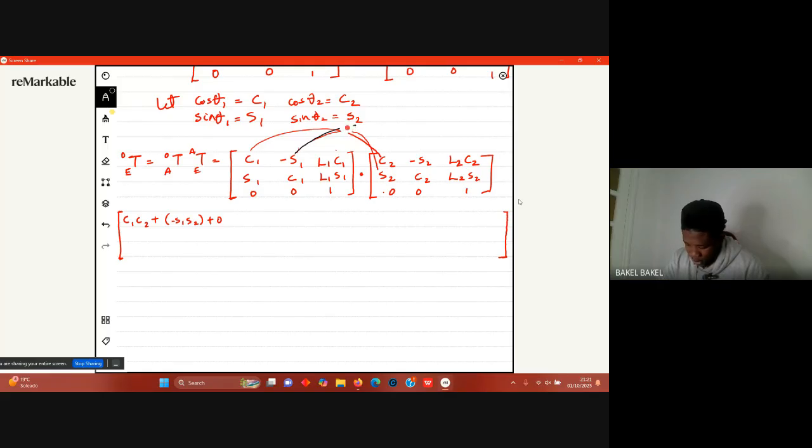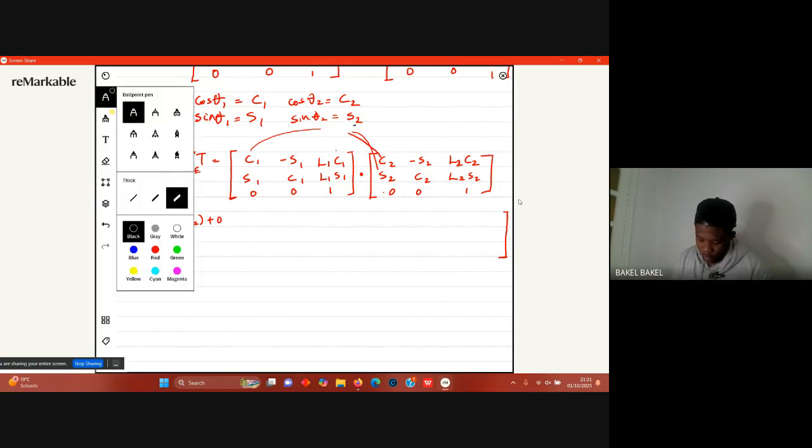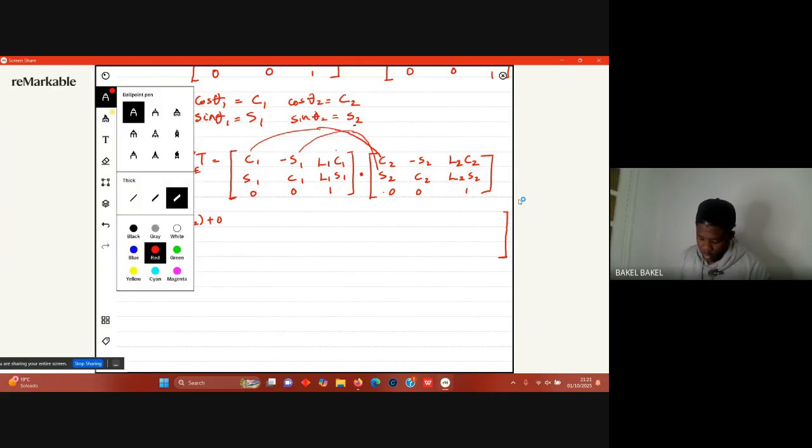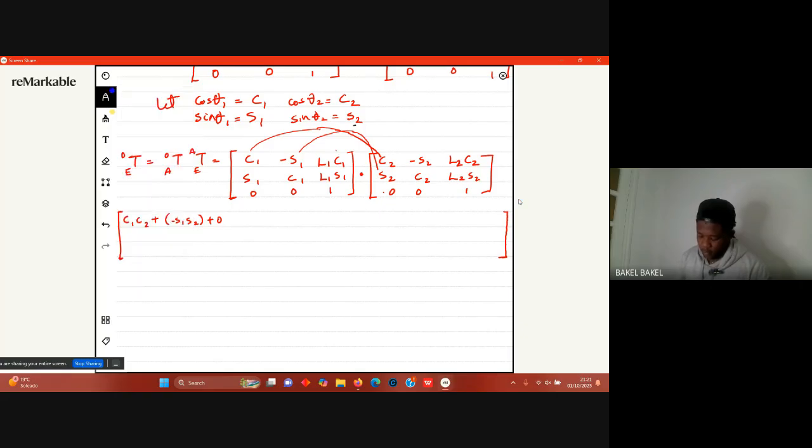That's not the other multiplication. Sorry, this one is still correct though. This one is still correct. That's still correct. Okay, we go again.